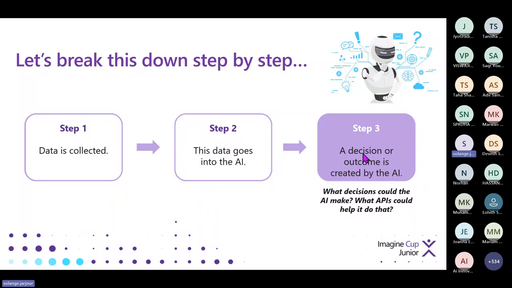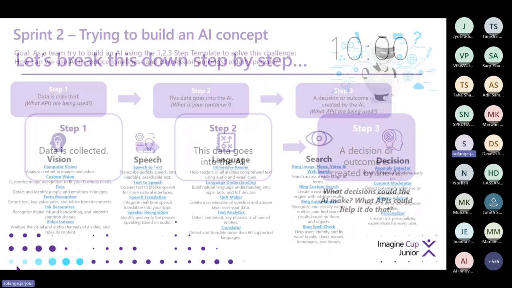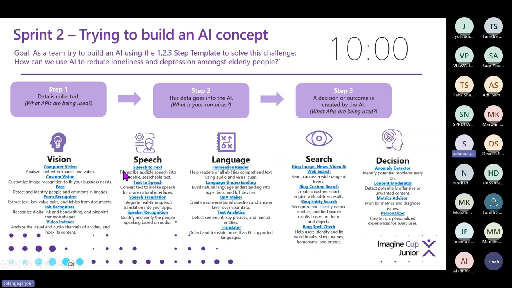Now, the final step is taking a decision. Here, I need you to tell me, based on these APIs and based on what we did so far. So far we said that the elderly people will interact with this robot through speech to text and translation.